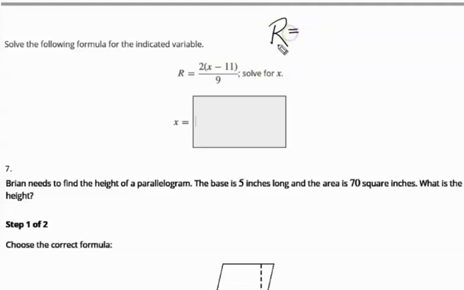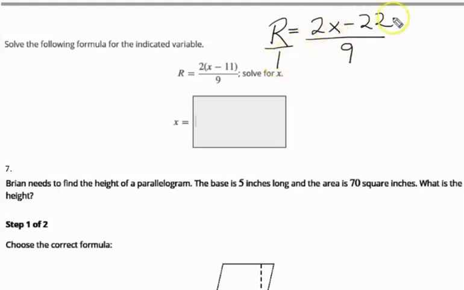So R equals, I'm going to clear the parenthesis, 2x minus 22 divided by 9. And you want to solve for the x. Well, one of the techniques you may or may not remember is that you can cross multiply in something like this.